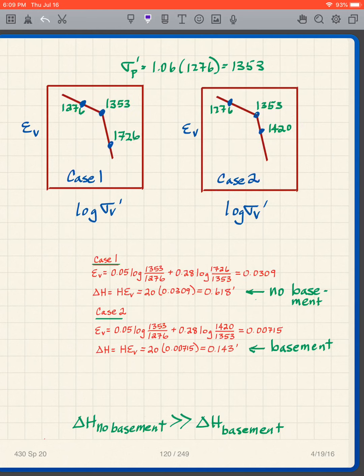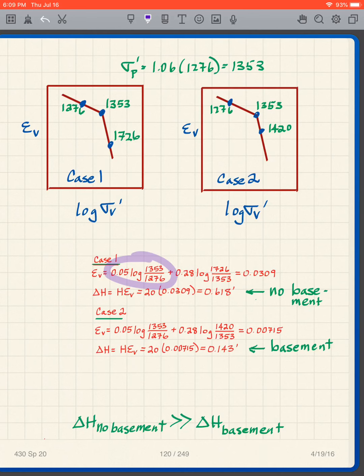So when I look at my settlement chart, in both cases, I use both slopes. I plug in the numbers. You can see that this is going to be 1353 over 1276. And I use the shallow slope, the C epsilon r.